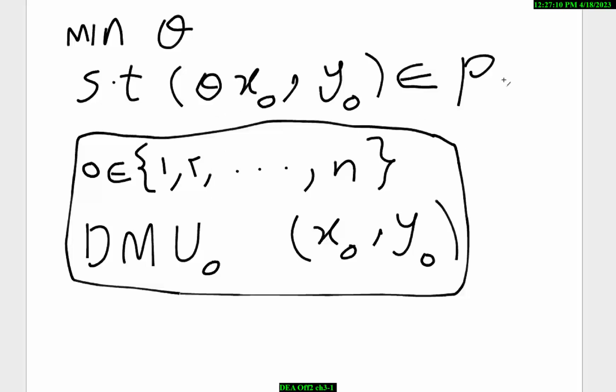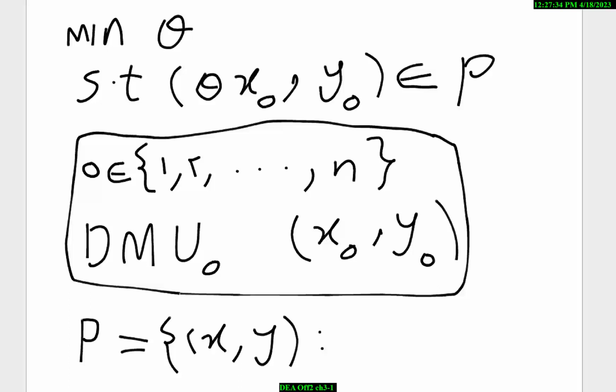Now with the definition of P, the production possibility set is all x and y that satisfy the conditions you saw before.